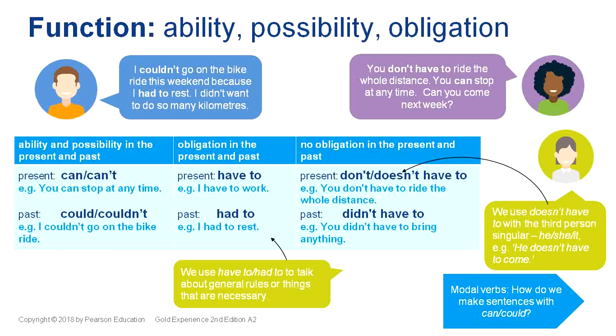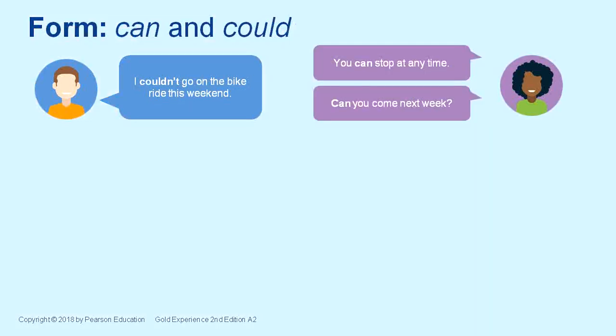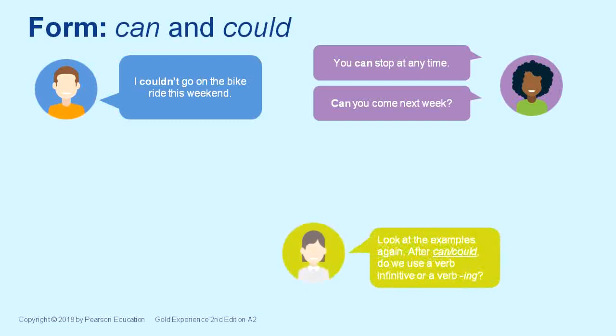How do we make sentences with can or could? Look at this dialogue. Look at the examples again. After can, could, do we use a verb infinitive or a verb plus ing?